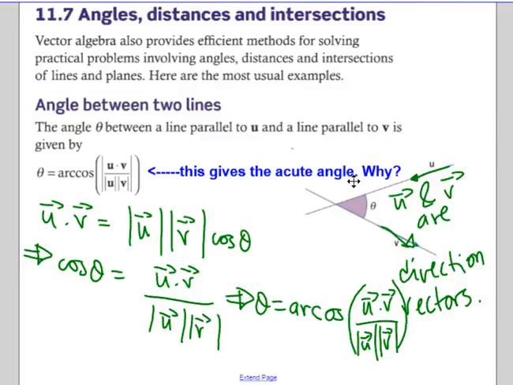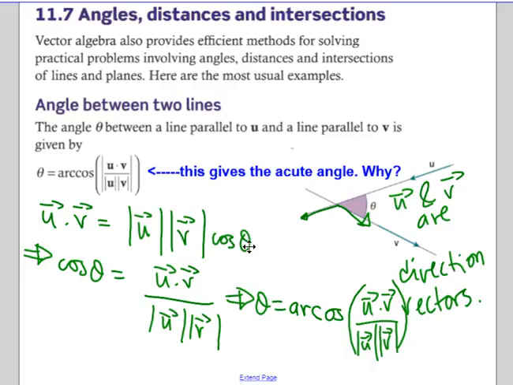Well, if we were to move the direction vector u here and the direction vector v here into their usual configuration, we would have an obtuse angle here. Then we'd use the scalar product as usual.